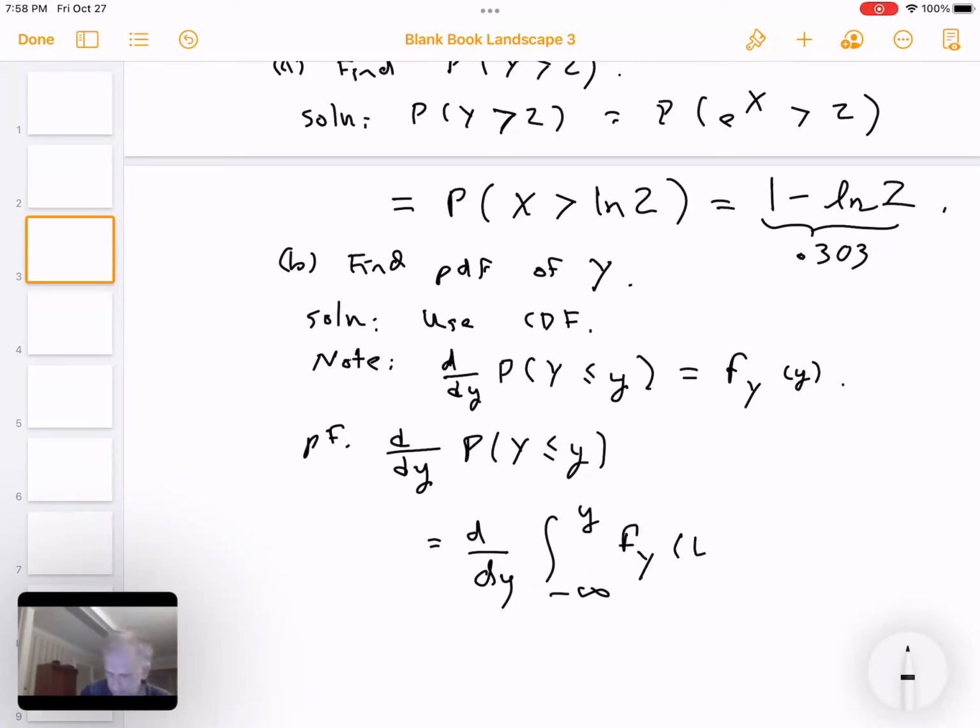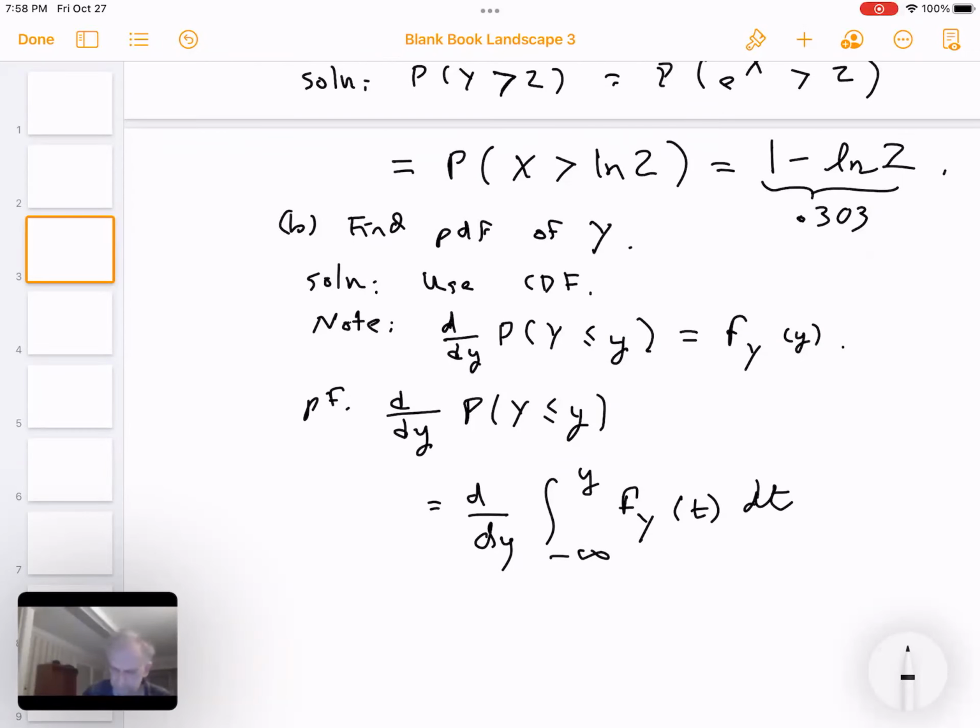I need a dummy variable, dt. And this is equal to, what is this? Fundamental theorem of calculus, right? This is equal to f_y of little y. This is called the fundamental theorem of calculus.